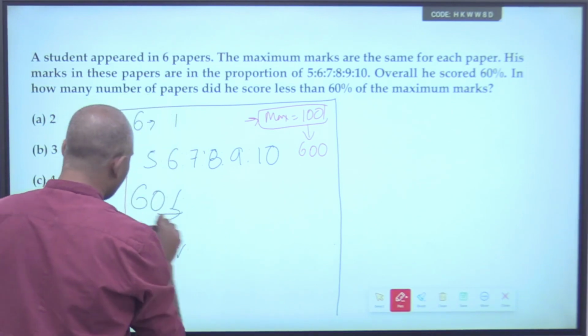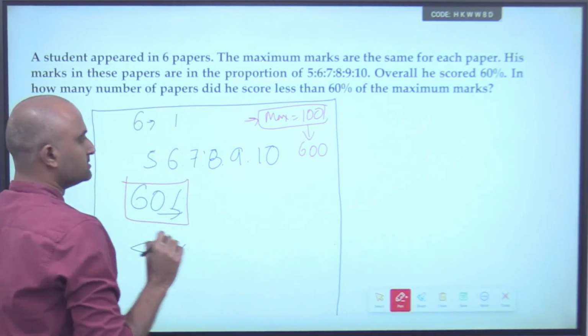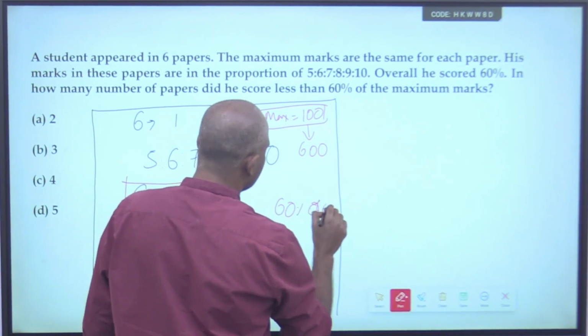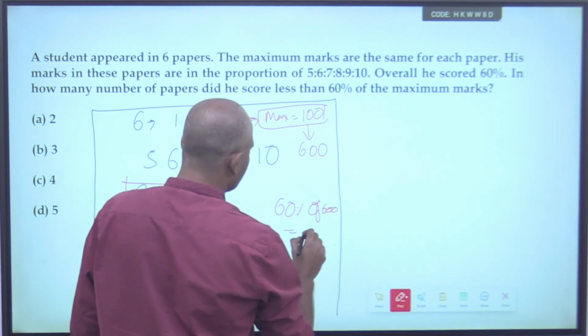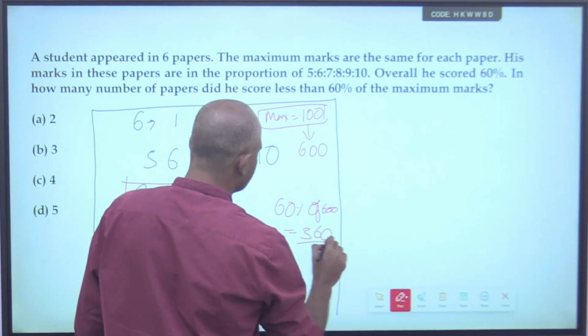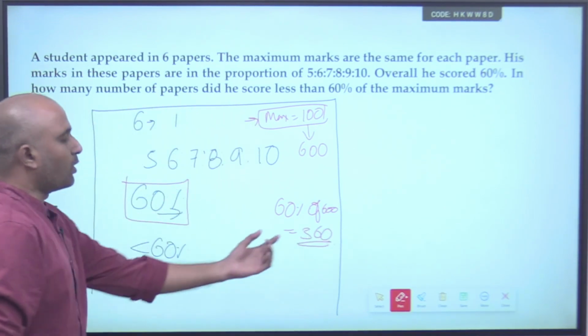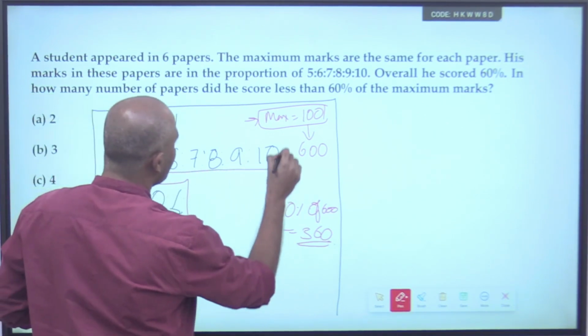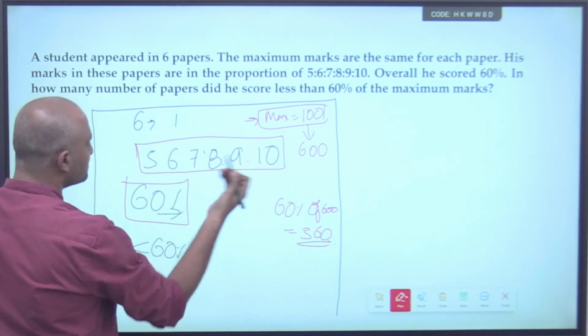Since he has achieved 60%, it will be 60% of 600, which is 360. Now, what does this 360 reflect? All the marks scored. This is just a ratio that is given.